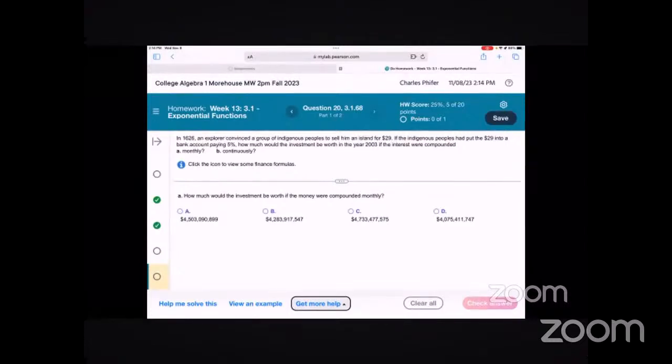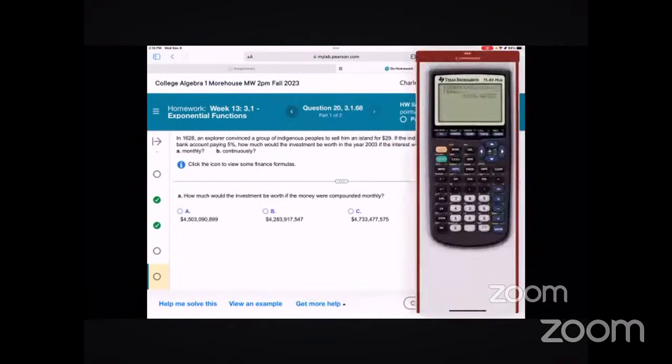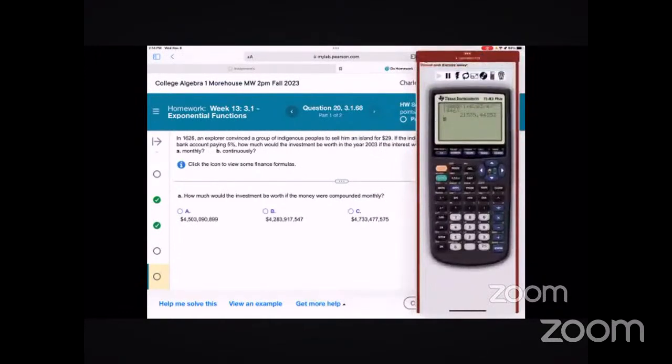Okay, so it's essentially the same thing we just did. I'm going to try to piggyback off of what's already in the calculator and just adjust my numbers. So it looks like our principal is $29 times 1 plus the rate, which is 5%, so that's 0.05, divided by N, right?